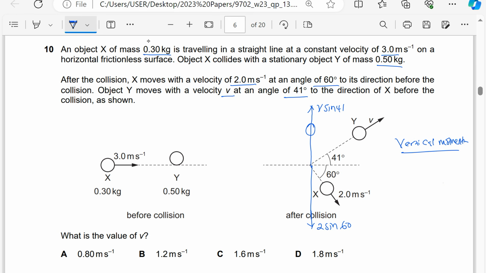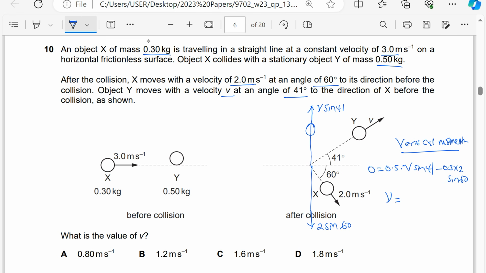Total momentum in the vertical initially is 0. After collision, in the vertical upwards, we have the mass 0.5 times V sine of 41. Then downwards, the mass is 0.3 times the velocity, which is 2 sine of 60. So what is V?